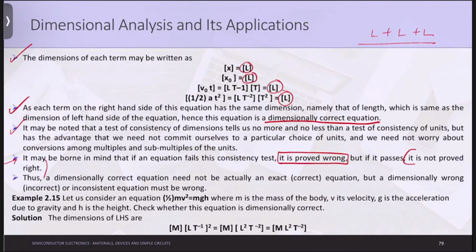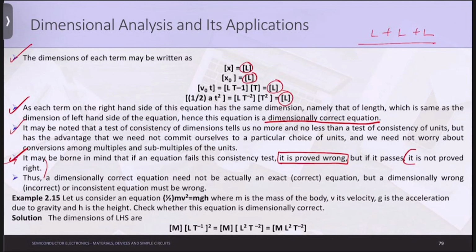Thus, a dimensionally correct equation need not be actually an exact equation, but a dimensionally wrong equation is always inconsistent, and it is wrong only. Okay, so if it is inconsistent, it is 100% wrong.